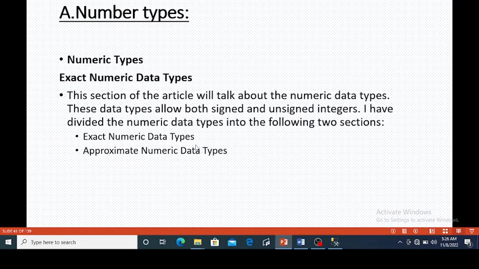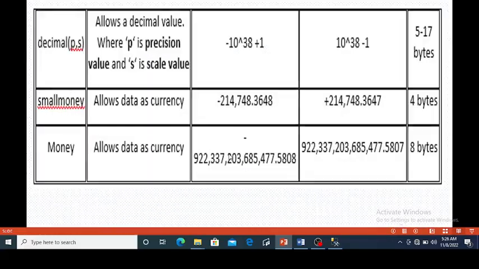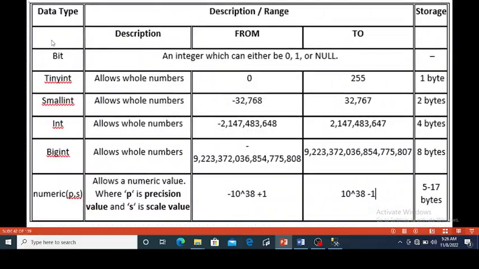Within this, we have the signed and unsigned integers. I have divided these into two sections: exact numeric data types, then approximate numeric data types. So let us see this one.